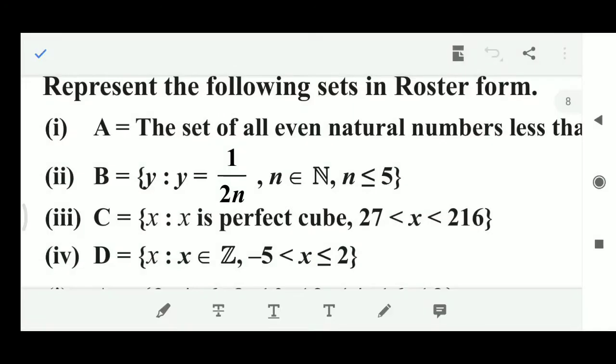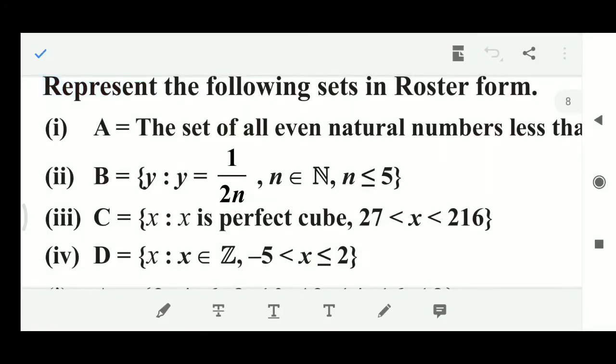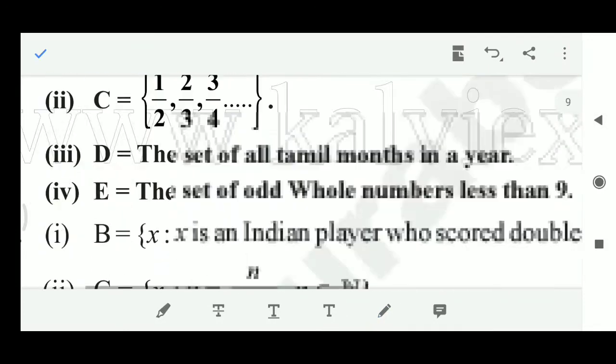The first sum is to represent the following sets in roster form. Here we have 4 subdivisions. In that I am going to do the third sum. C is equal to x such that x is a perfect cube where x lies between 27 and 216.